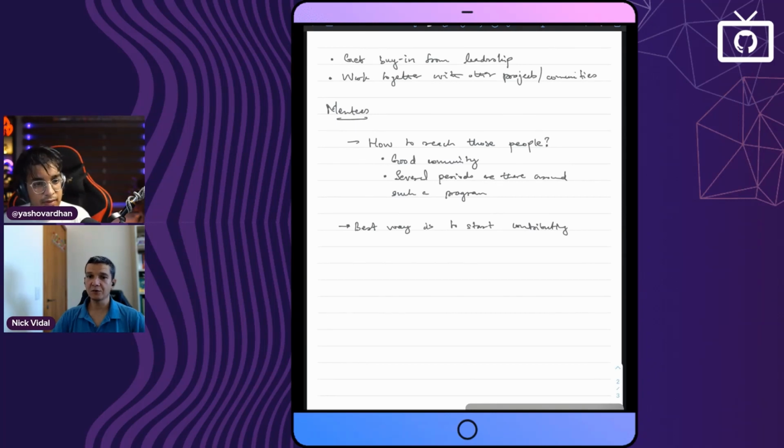So this is a way to approach it, and it's kind of interesting because my personal opinion is that it's not the project or the organization that is going to select who is going to be part of GSOC or who is going to be part of a mentorship. It's the mentees themselves, the contributors.